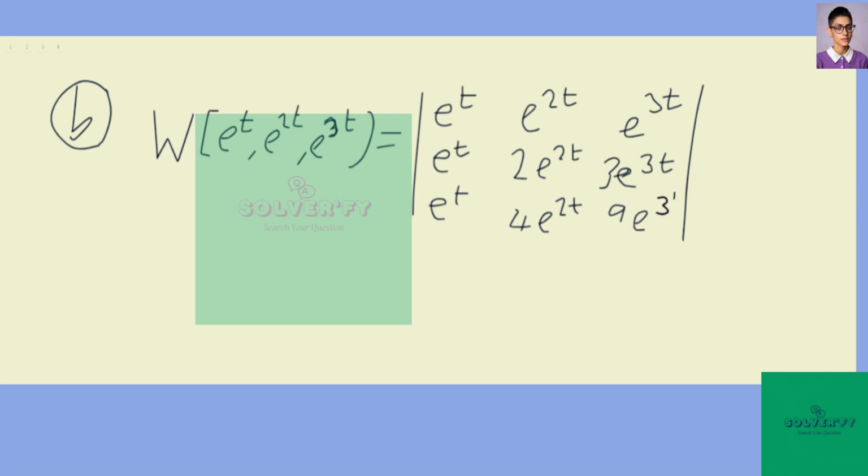Okay, then working this out, expanding over the top row, it's going to be e to the t times the determinant of the bottom right 2 by 2 matrix, which is 2 times 9, which is 18, minus 4 times 3, which is 12, all times e to the 2t times e to the 3t, which is e to the 5t.